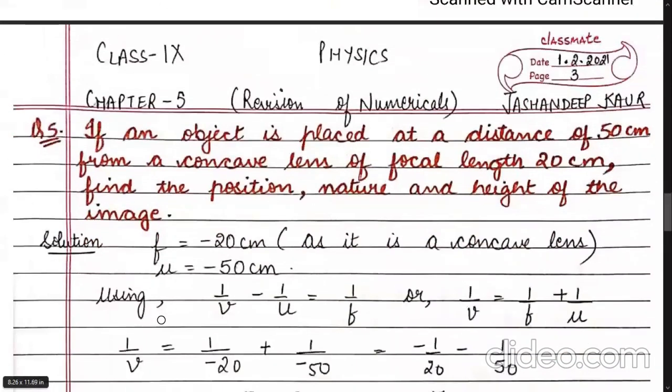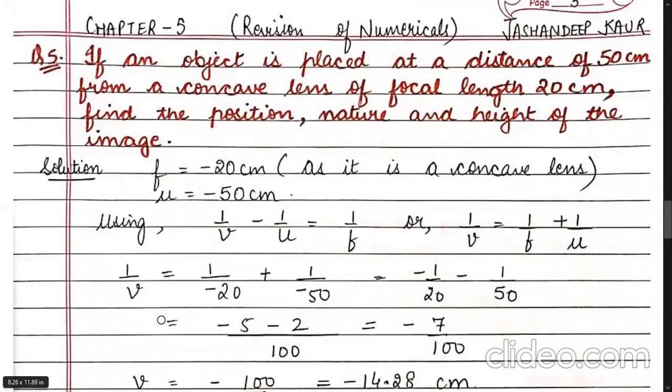Now we will be starting the numericals for concave lens. So our fifth numerical is, if an object is placed at a distance of 50 centimeter from a concave lens, that means u will be taken as minus 50.